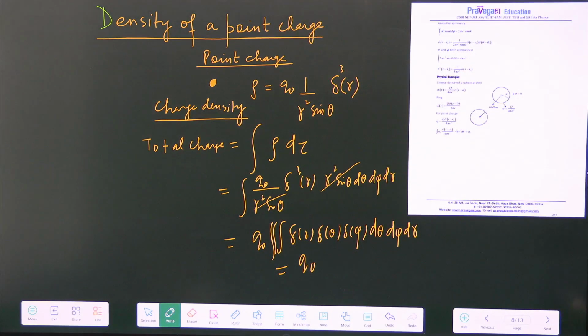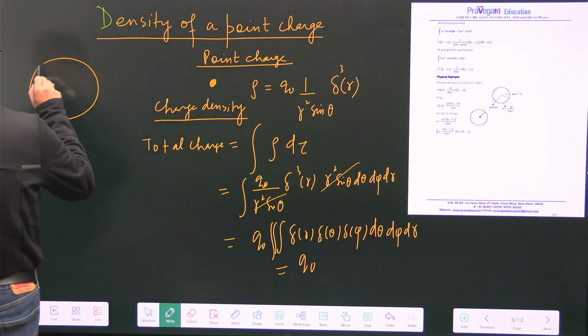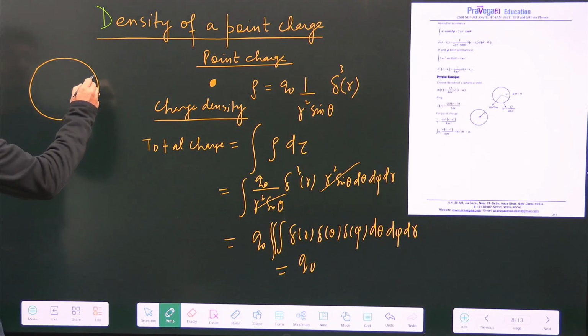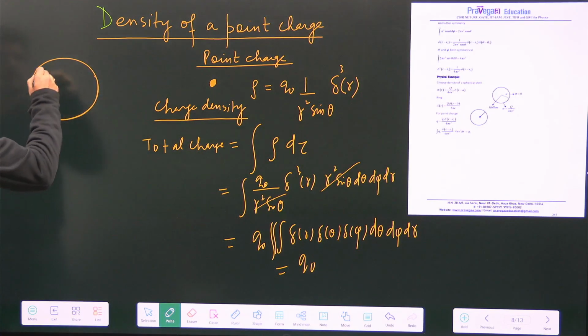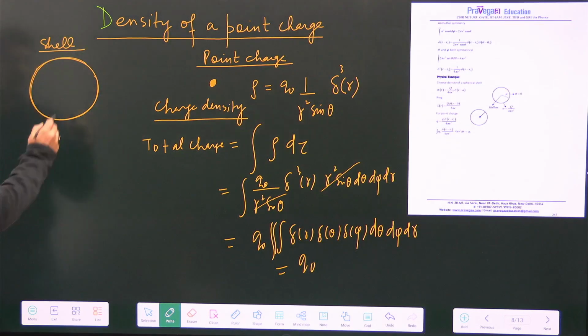suppose you want to write the charge density of a spherical shell. On a shell, charge is only on the surface and it is absent everywhere else.